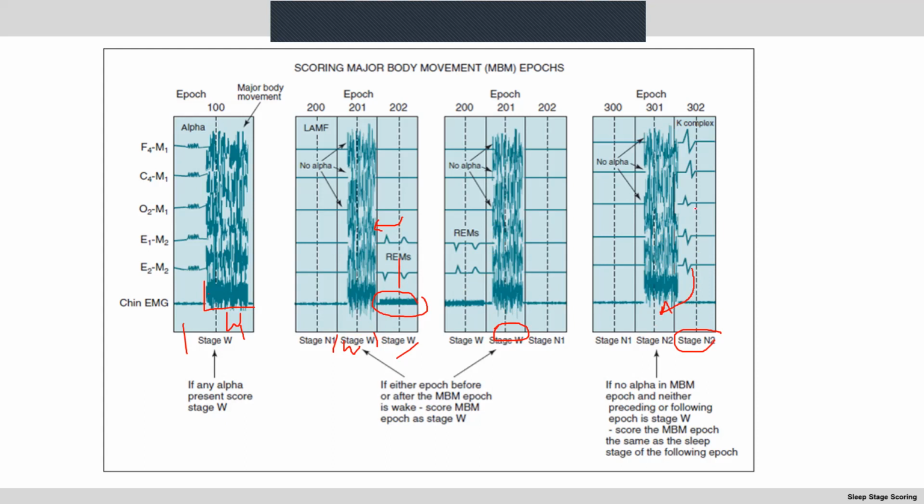So if this major body movement is followed by stage N2, then we mark this as N2. In case this N2 is there and alpha is there, then this is wake. Okay. So this is major body movements.